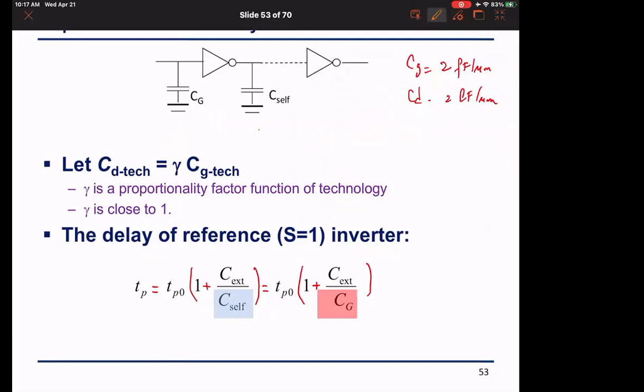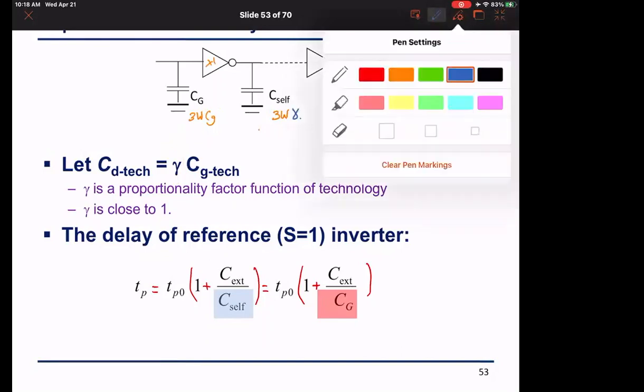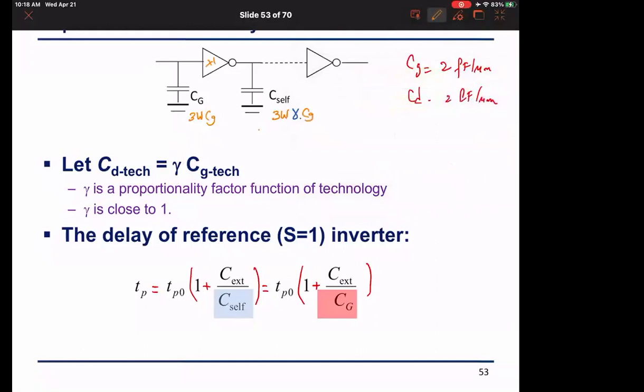We found that if this was times 1, this is 3W times CG and this is 3W times CD. But these are constants and you can replace this by gamma times CG. So I can write this as gamma times 3W CG, which is gamma times C big G. So C self is gamma times CG.